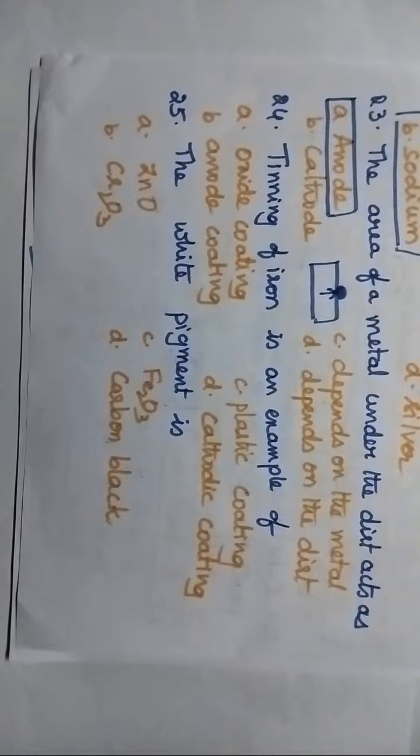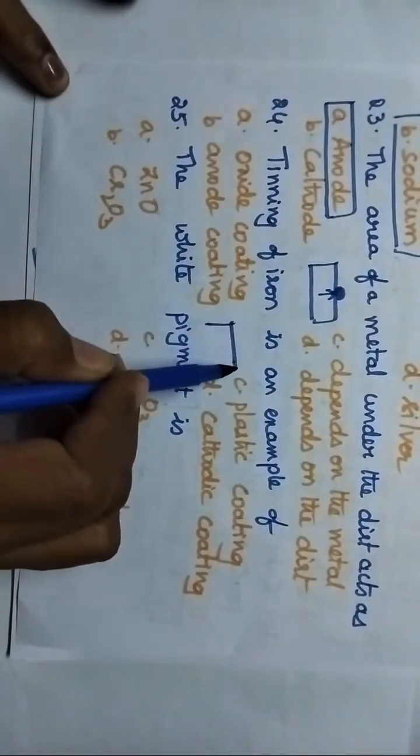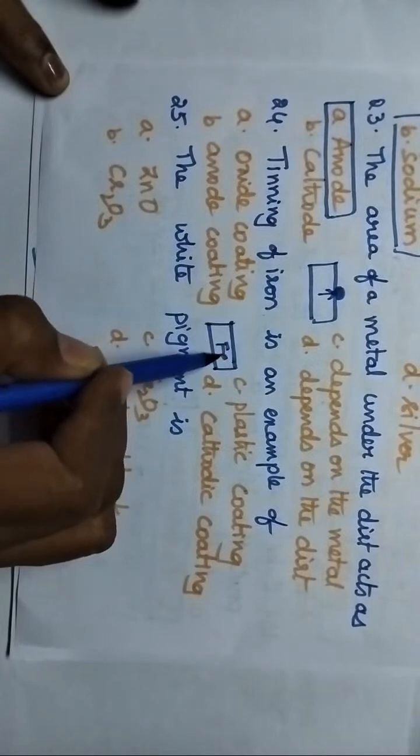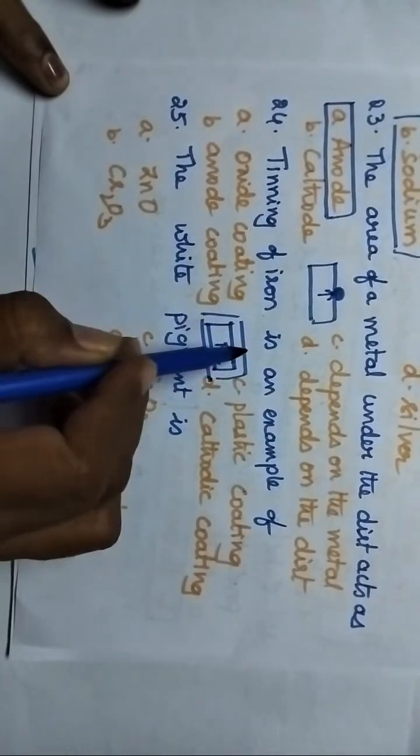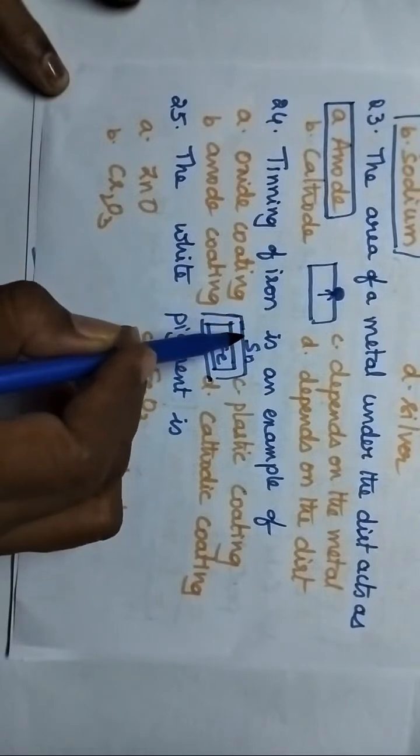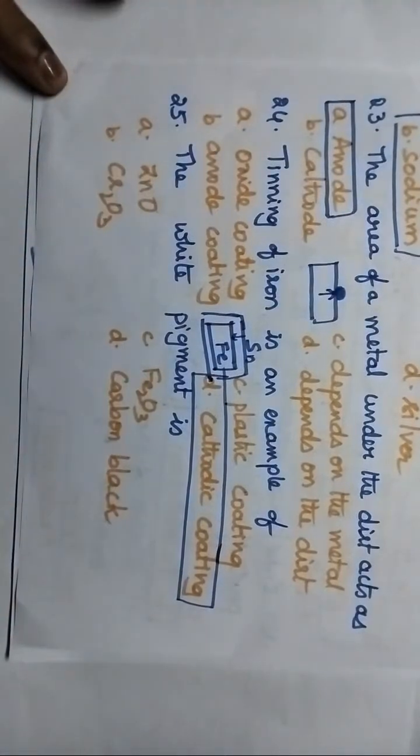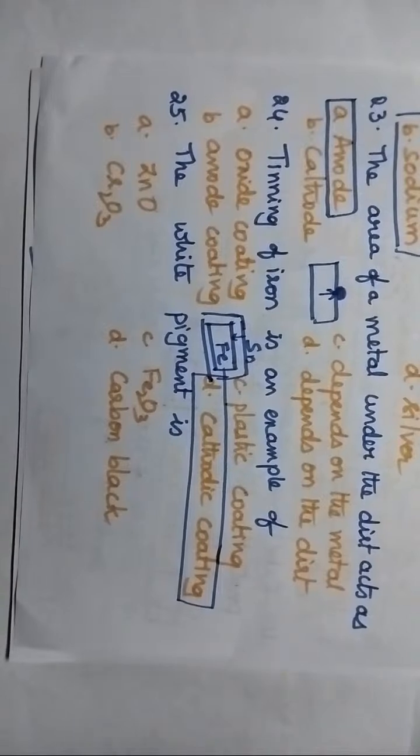Yes, very good, Ramadurga. Whenever iron is coated with tin, tin will act as cathode to the iron and hence it is a good example for cathodic coating. So option D is the right answer. Only few students gave the right option. Okay, anyhow, moving to the last question.